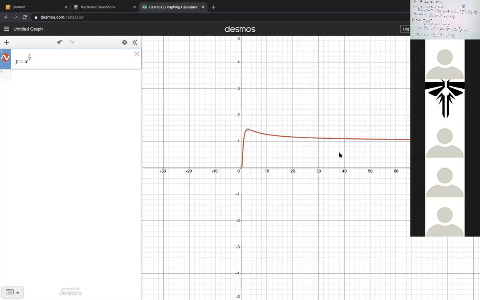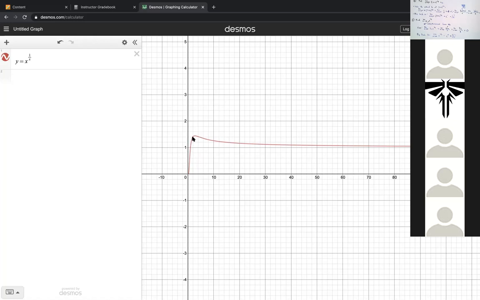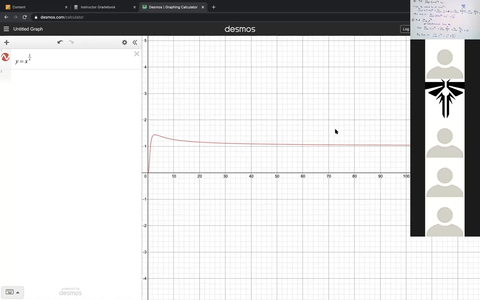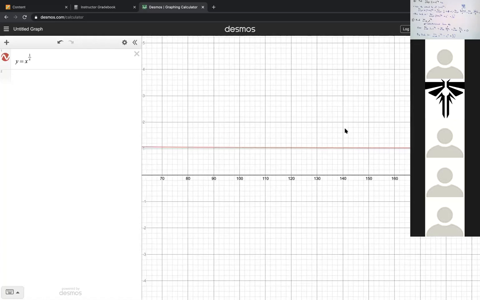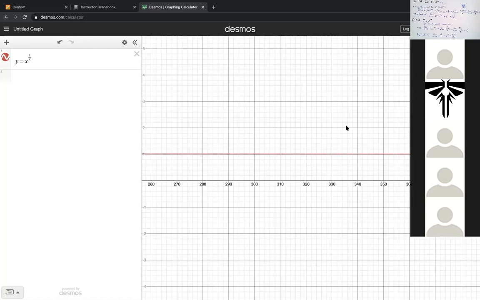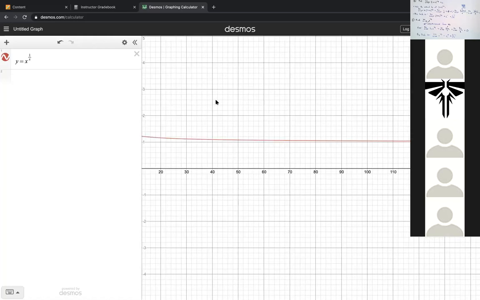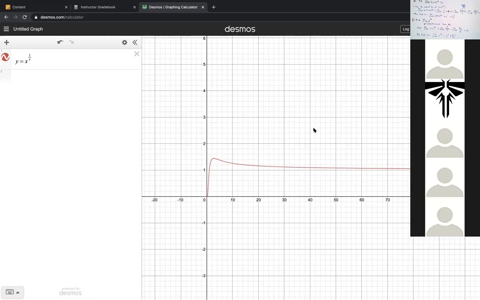So we can see what happens here. So the function has this kind of kink in it where it tries to blow up really fast, and then it levels off to 1 as you go further off to the right. Never quite reaches 1, gets closer and closer. Okay, any questions over that second example?